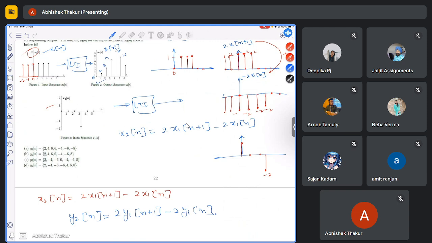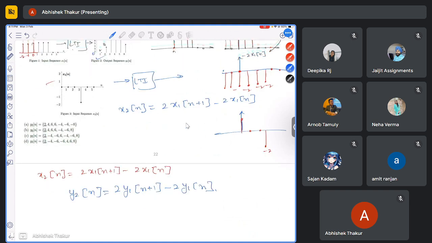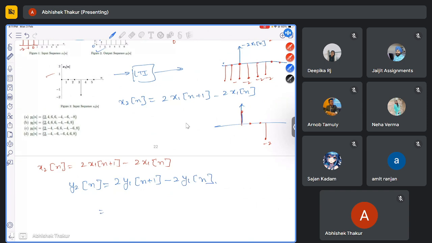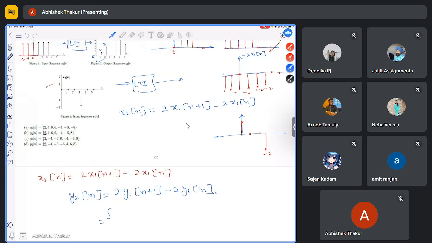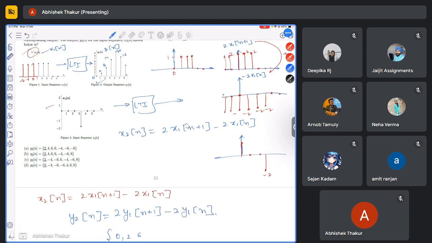So when we sum it, n plus 1, it will shift, and minus y of n. So it will start with the value 0 to 6. So this is 3 and this is 1.